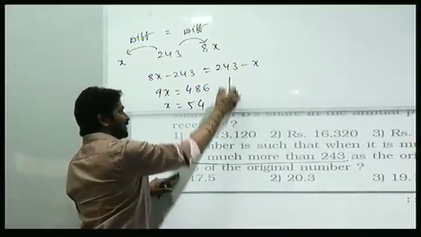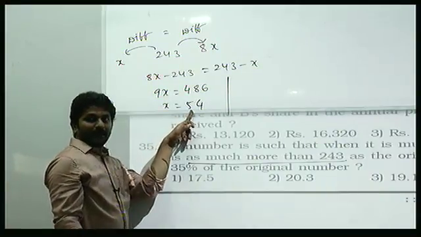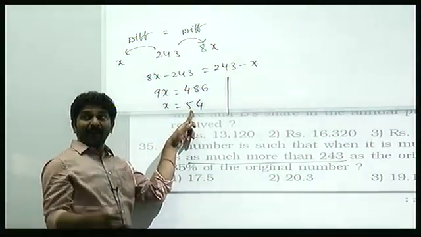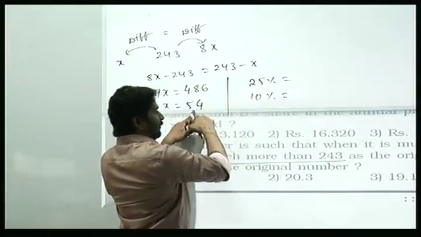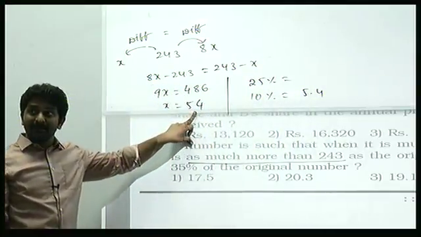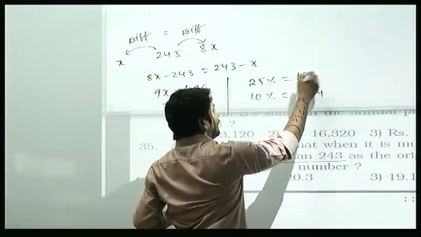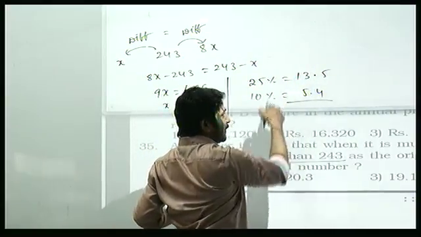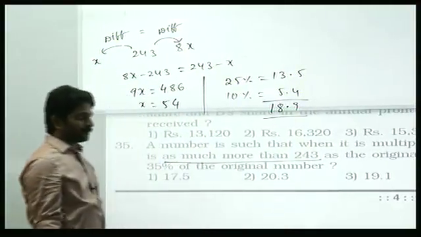So 35% of this number is 25% plus 10%. 25% is half and half. And 10% is 5.4. What is half of this number? 27. What is half of 27? 13.5. So 35% of this number is equal to 18.9. Fifth option.